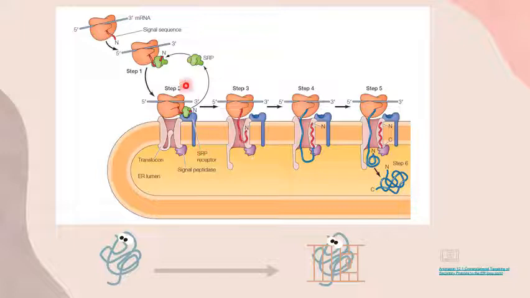Then GTP hydrolysis will happen, leading to the dissociation of the SRP and entering of the signal sequence into the translocon. So here you will see the hydrolysis of the GTP happen. This SRP will be removed, as you can see, leading the signal sequence to enter the ER through this translocon.